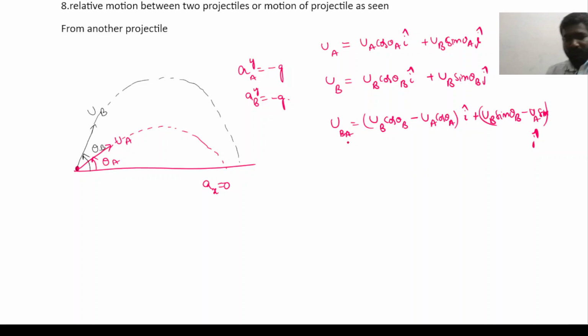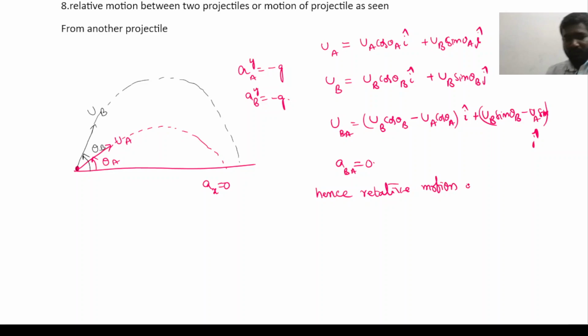Now the relative velocity of the two projectiles will be constant, but the relative acceleration must equal 0. Why? Because both have the same acceleration. Hence, relative motion is uniform.